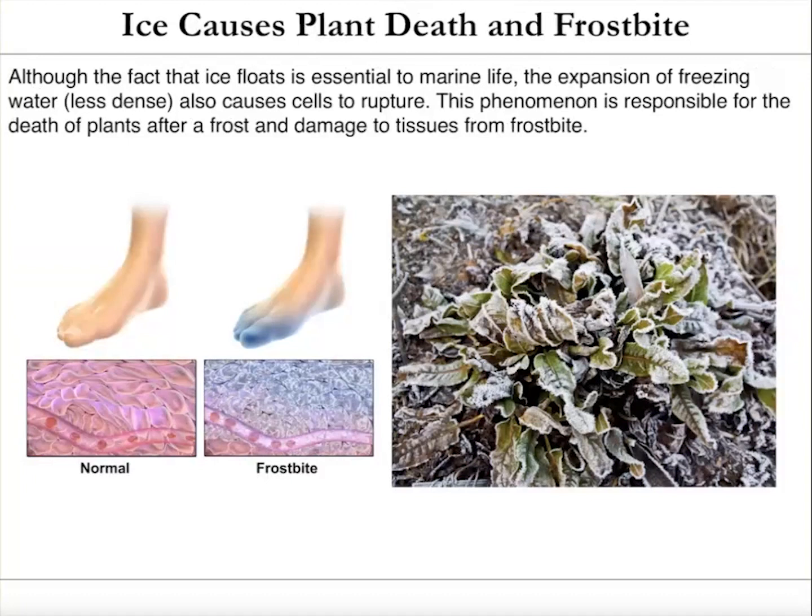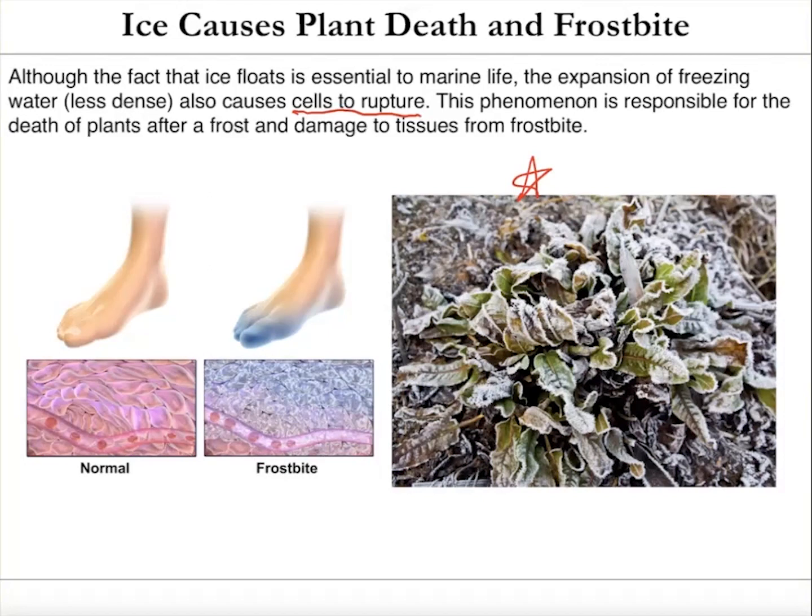And this can cause your cells, which are made mostly of water, to rupture when they're frozen. So this is responsible for the death of plants after a frost. If you've gone outside after a frost, the water in those plants will expand and cause the cells in those plants to burst open, basically.